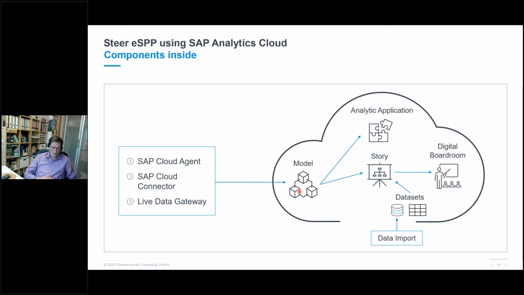So complex data, thousands of data sets, and you need to create a model with different dimensions and measures that you can combine and look at from all different dimensions. And that is usually hooked to the system via live connections, and you need a cloud agent, cloud connector, or a live data gateway if you are connecting cloud systems with each other.